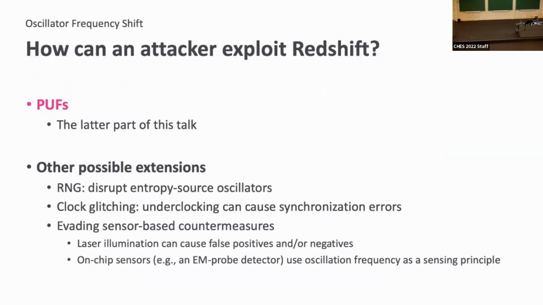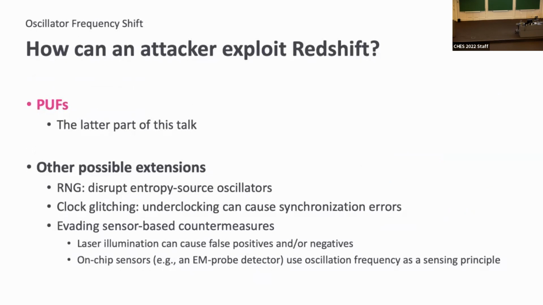In this particular project, we focus on attacking PUFs, and we'll see it in the latter part. Before that, we quickly review other possible extensions. Redshift can disrupt oscillator-based random number generators in the same way as a frequency injection attack.